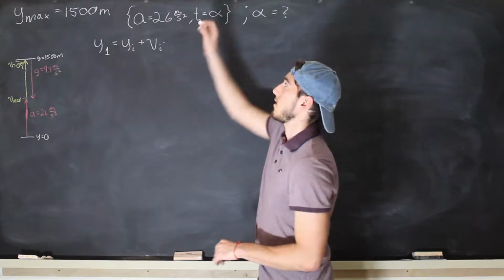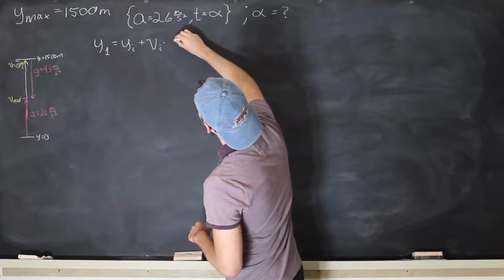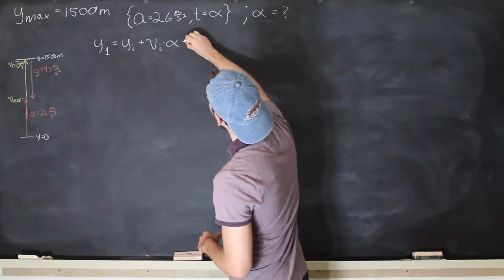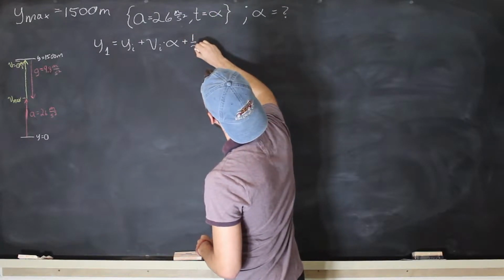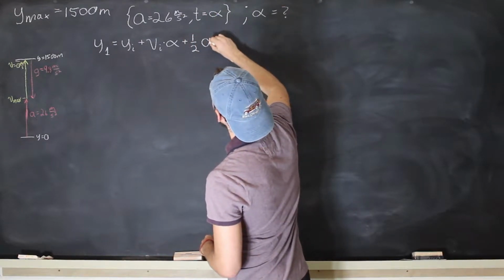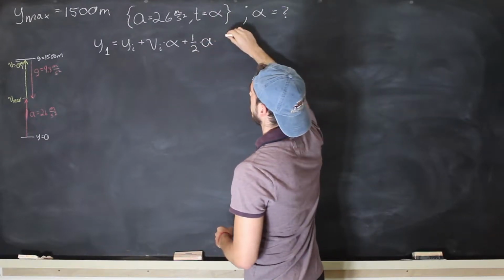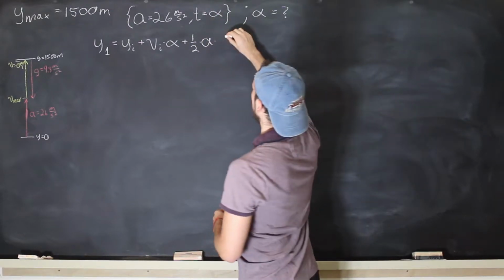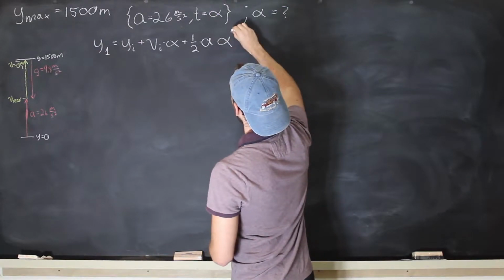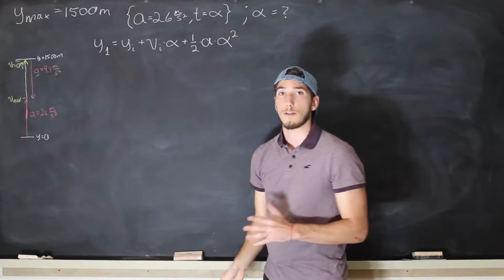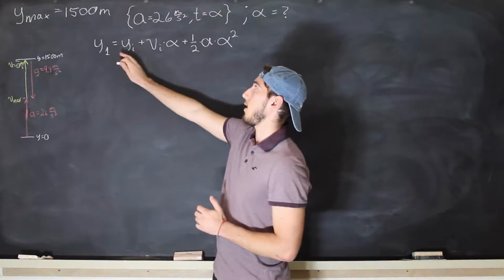And our t final is alpha, so times time alpha plus 1/2 times the acceleration of the rocket thrusters times change in time squared, but since we know time initial is 0, that's just alpha squared.